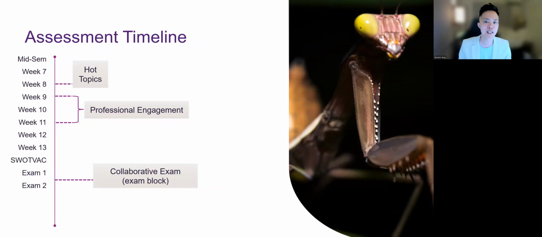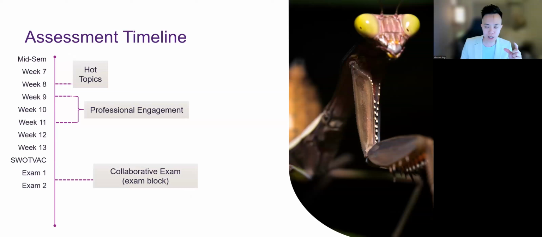Assessment timeline is probably what you're interested in. And just note that this timeline in this example here starts with the mid-semester break, because all the assessment pieces are due after the mid-semester break, even though for a good number of them you start before. Week 8 is when you will deliver your 30% hot topics.